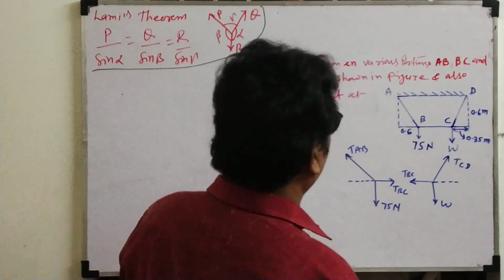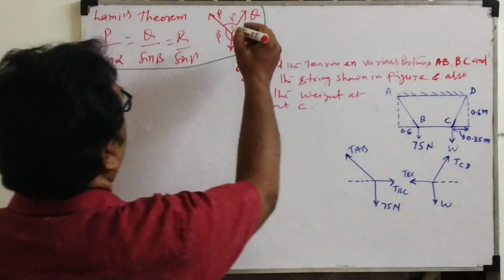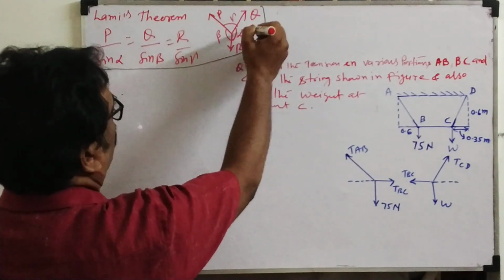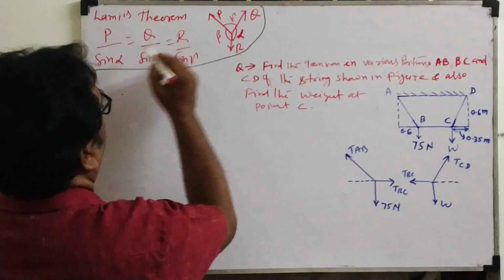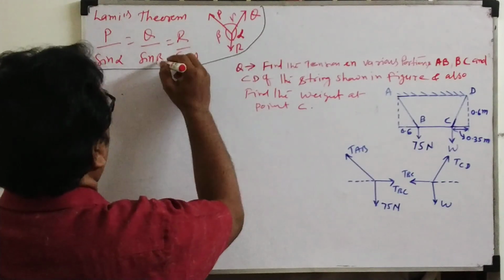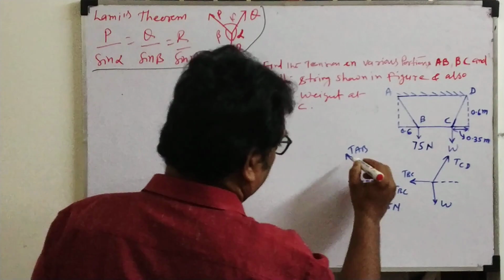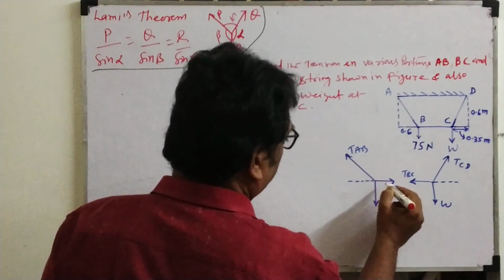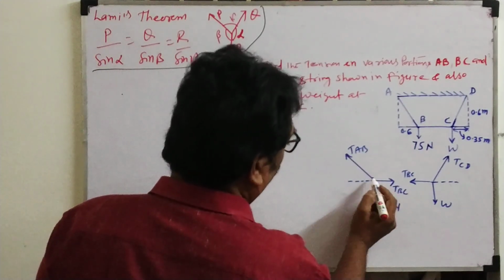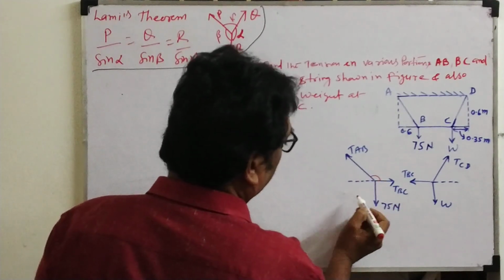Now what information is given? Because once Lami's theorem is applied, you see here, suppose this force P, the opposite angle alpha we have to take, proportional to sine. Q, the opposite angle beta we will take. R, the opposite angle, sine gamma, we will take. That means these are the forces TAB, TBC and the load. So what angles do we need?